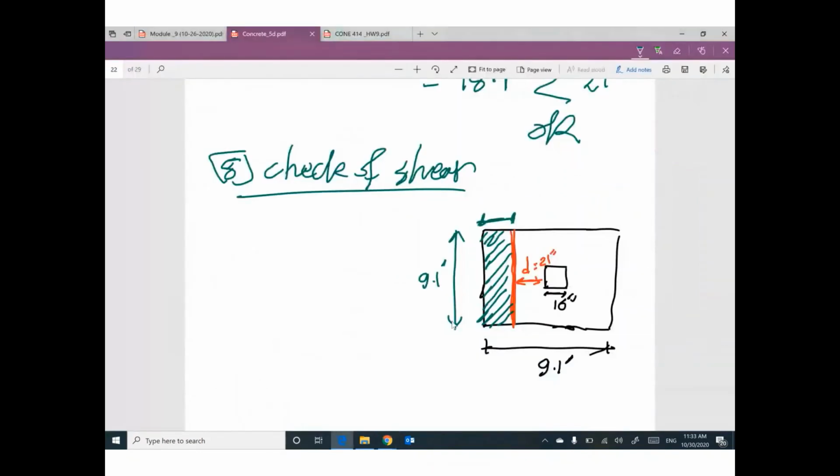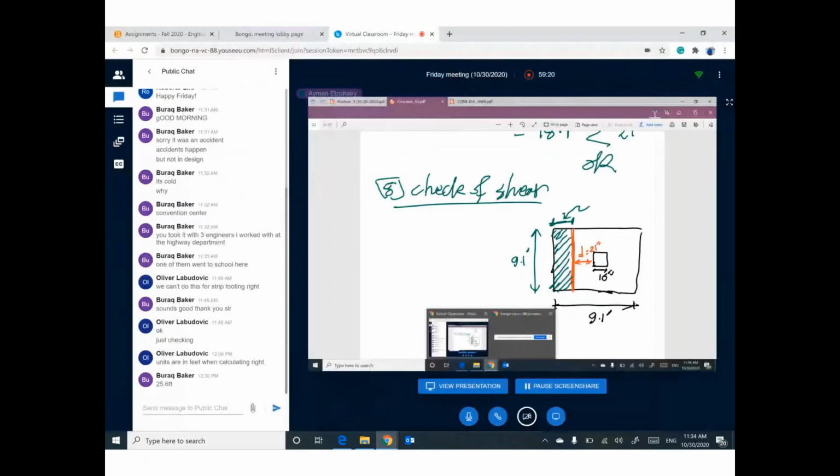I'm looking for what is the length here. Any answer? Guys, any answer?